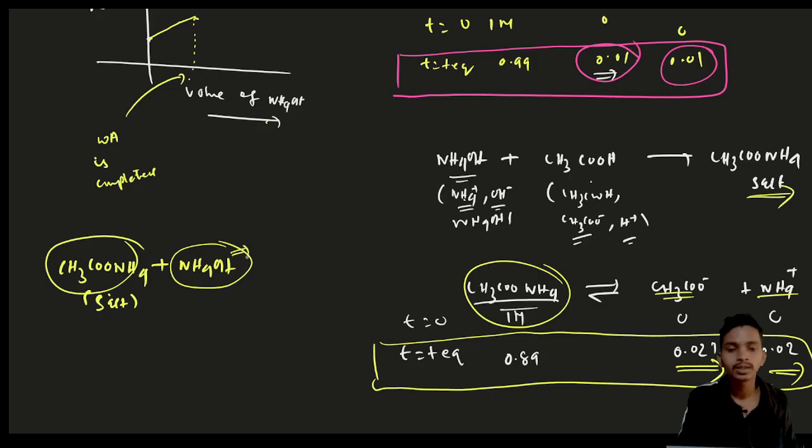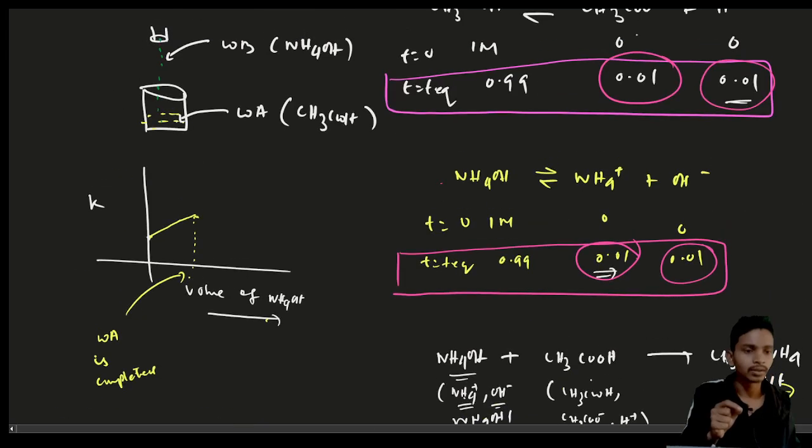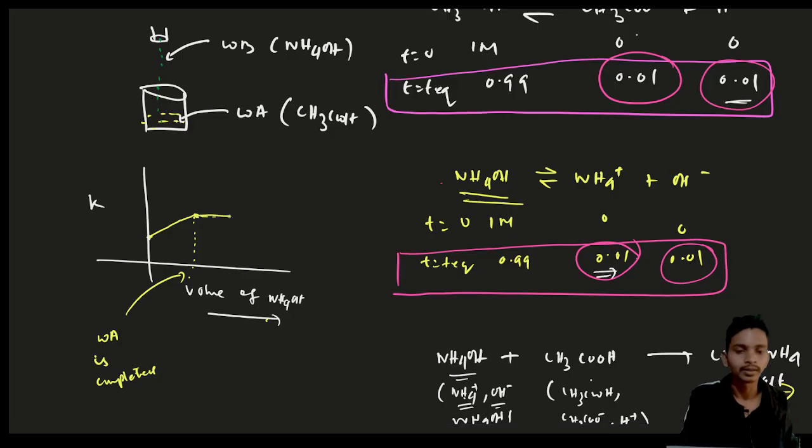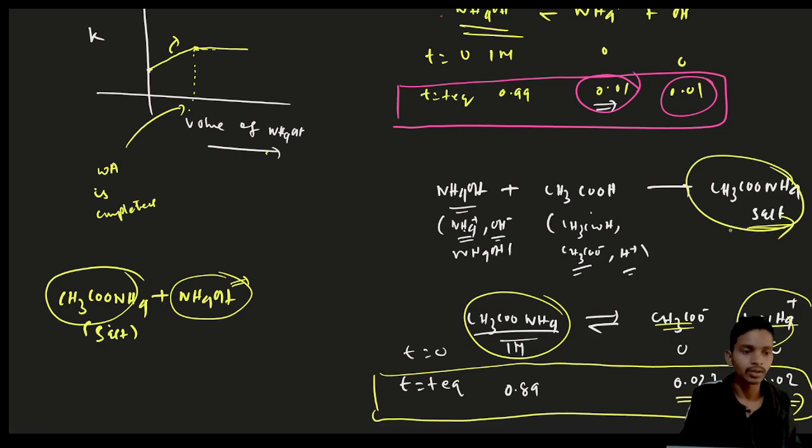But this NH4OH is a weak base, very little dissociates, and very little NH4 plus will come. So after adding more and more, this becomes nearly constant, because this increase was only because of the salt, because salt dissociates more than weak acid and weak base.